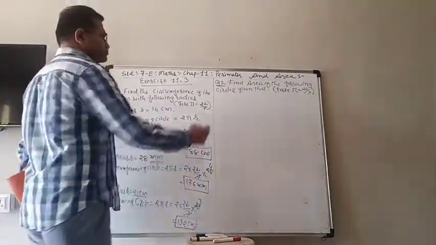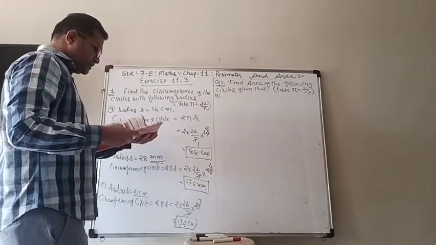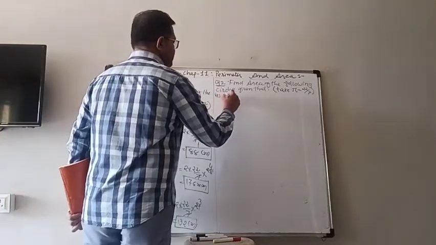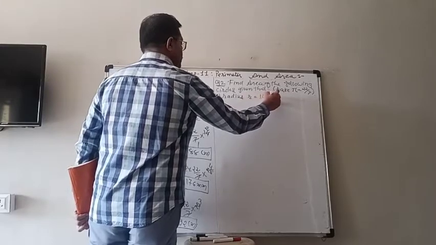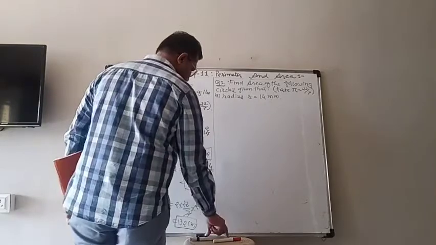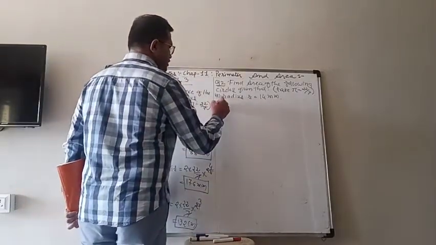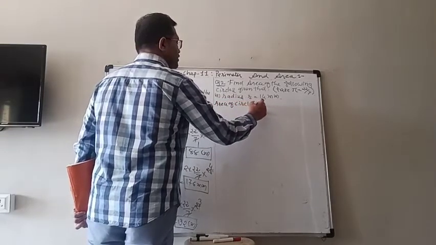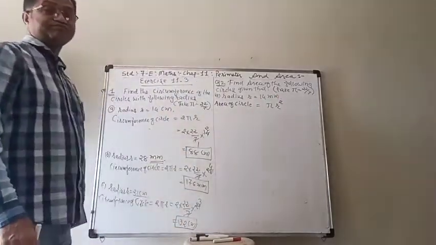Now in the first, let's see what is given. Radius is equal to 14 millimeter. So now we have to find the area of the circle. What is the formula? Pi r square.